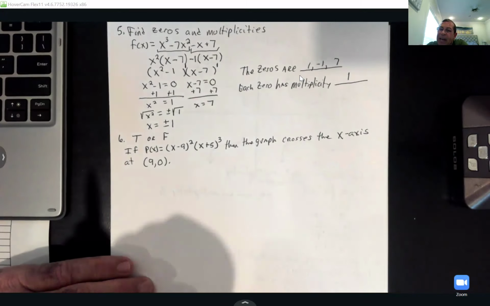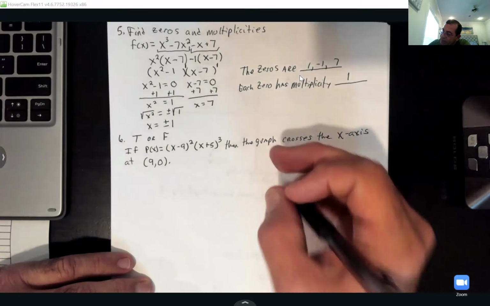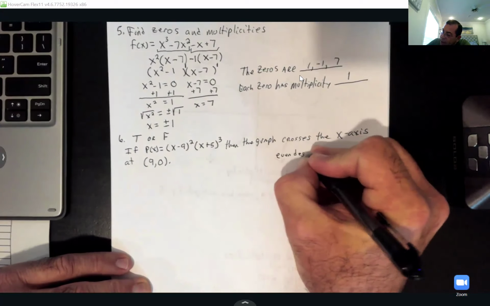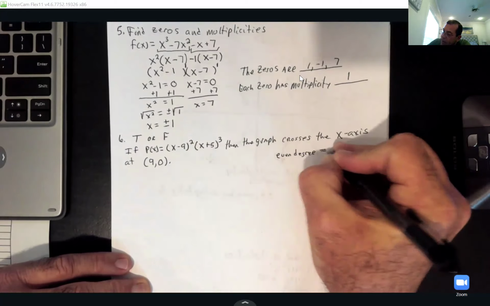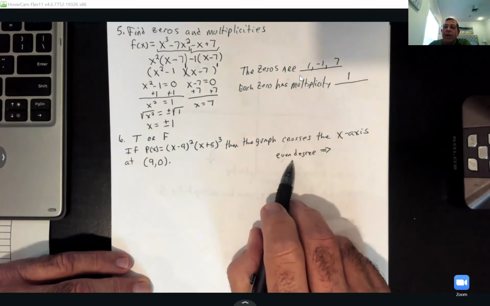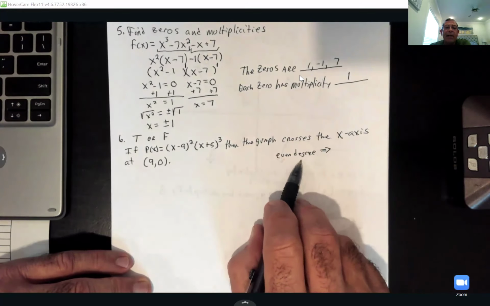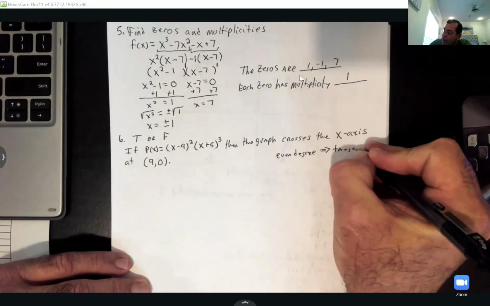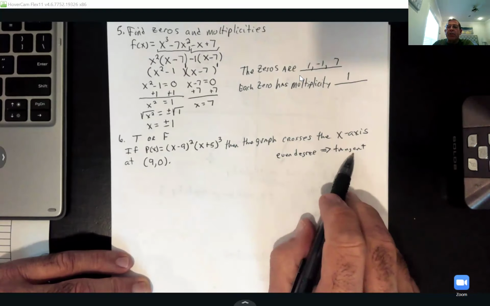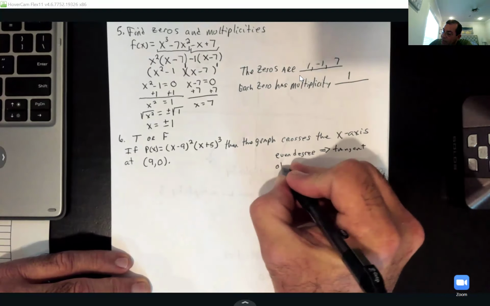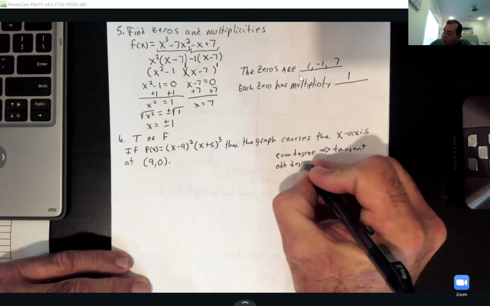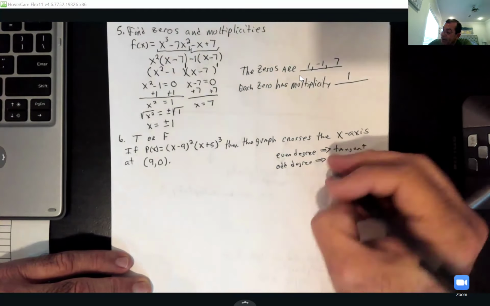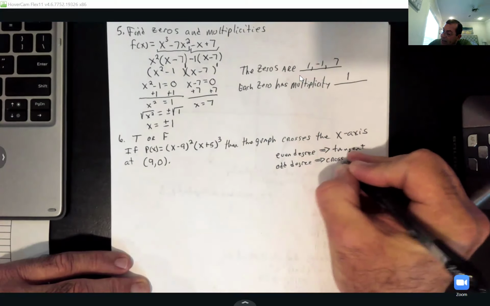Now, here's the thing you got to remember on this. If it's an even degree, even multiplicity, guess what? It is tangent. Even exponents are tangent. If it was an odd degree or an odd multiplicity, then it crosses the x-axis.